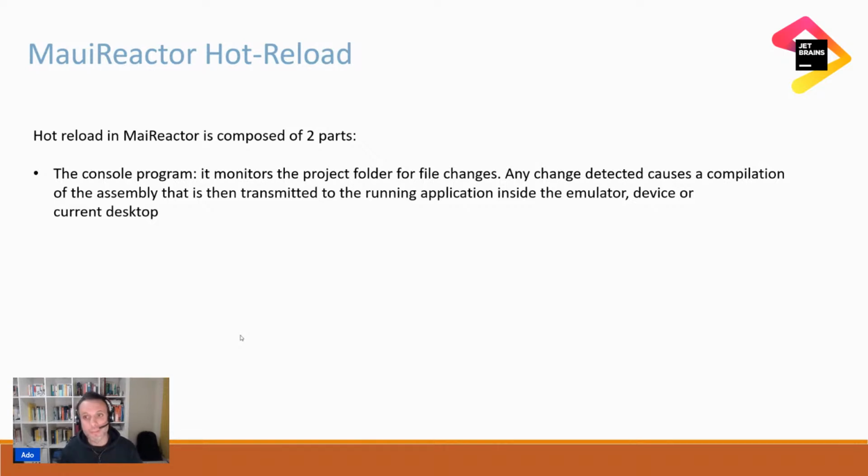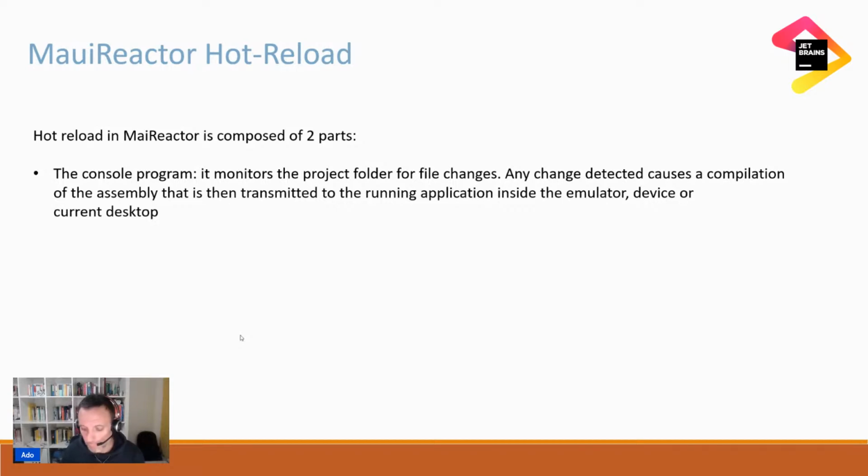project, it detects this file change, even if you rename or delete a file, and compiles a new assembly from the new source code. This assembly is then transmitted to the running application inside the emulator, but also to the device that may be attached to your PC or your Mac, or of course to your current desktop application that is running.